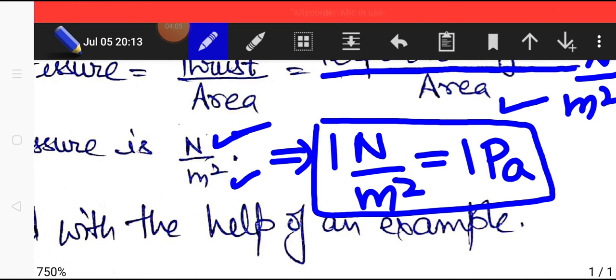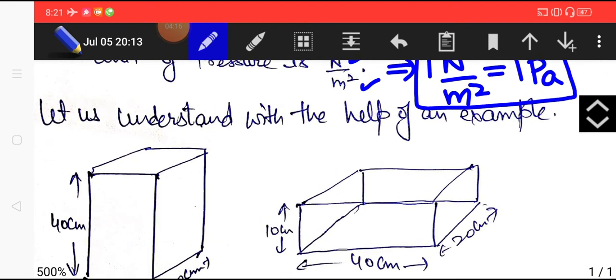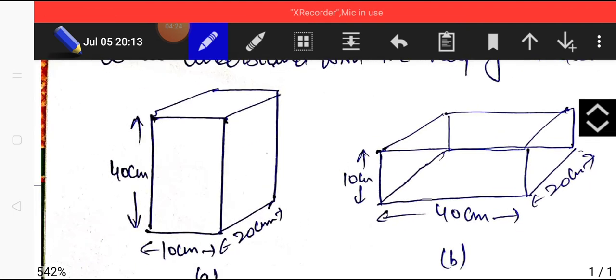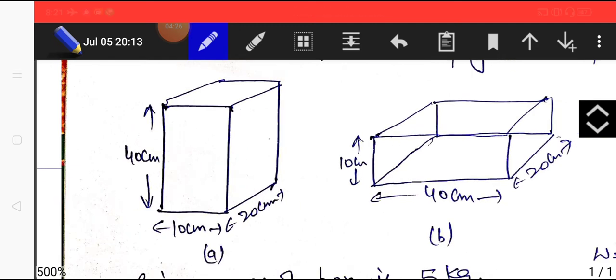Pascal did great work in the field of pressure, and he also gave us a law in hydrodynamics known as Pascal's law. For now, we are not going to discuss Pascal's law, but we will understand the concept of pressure. Here, with the help of an example, we will try to understand how, with the same block of the same mass, we can achieve different pressures.